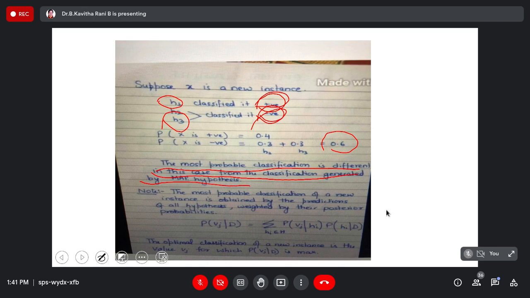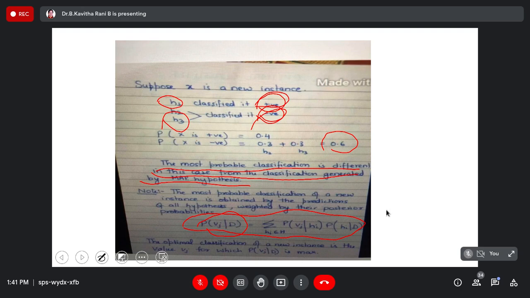So for this purpose we will be using the Bayes optimal classifier. This is the formula we will use to generate the most probable one here. Here P(Vj|D), where V is the set of target values. What is the set of target values? The positive class and the negative class. Whatever data we have, we have to divide it into two, the positive class and the negative class. Given the data, that particular probability, we divide accordingly: if positive, to the positive class; if negative, to the negative class.